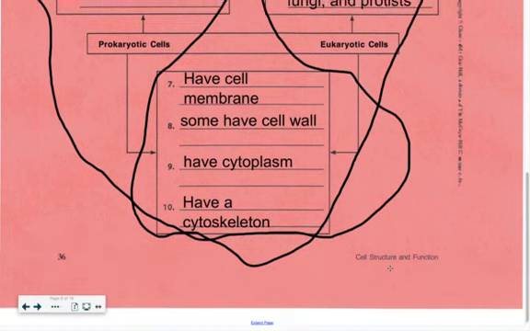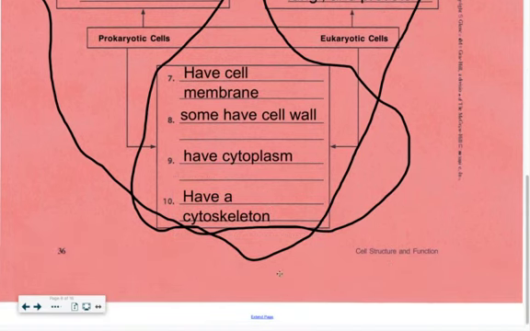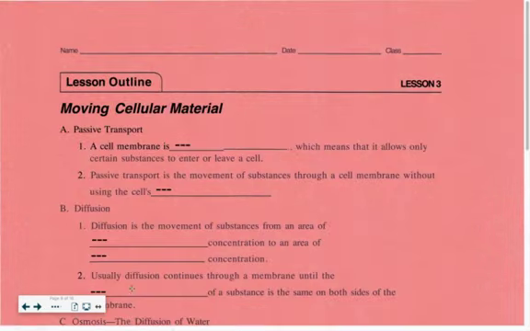Then that's page 36. And on to page, not 37, I'm sorry. This is the lesson outline, moving cellular material. It's page 48. So this is passive transport.